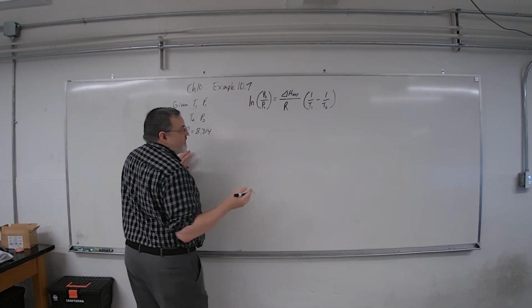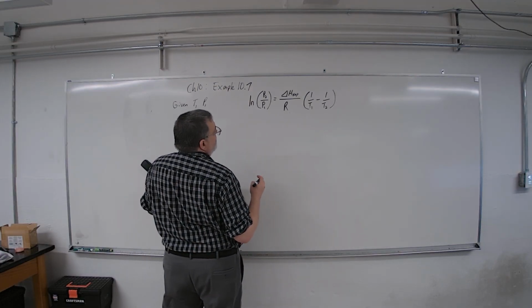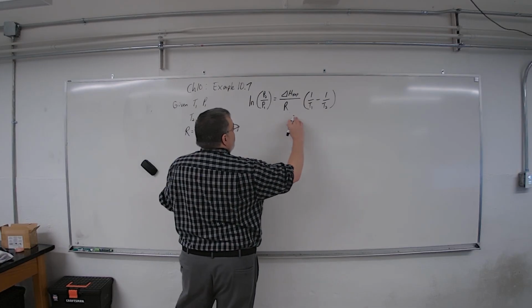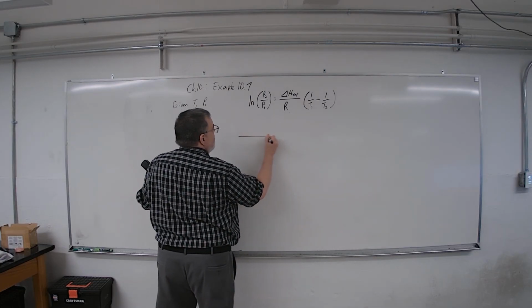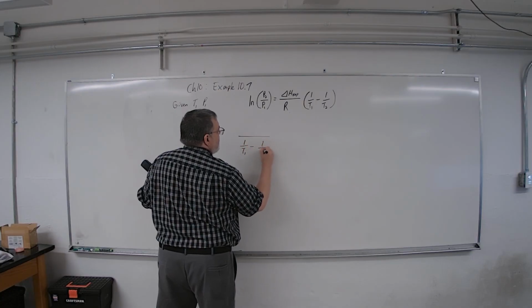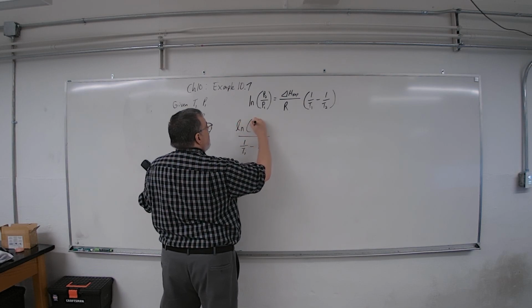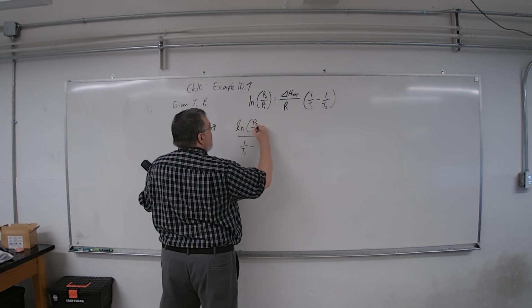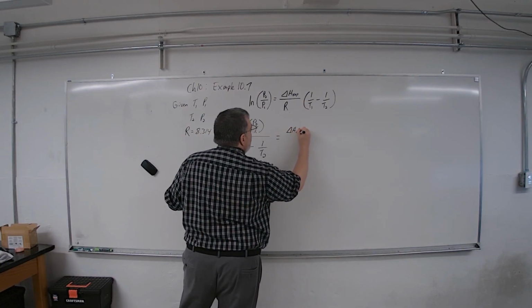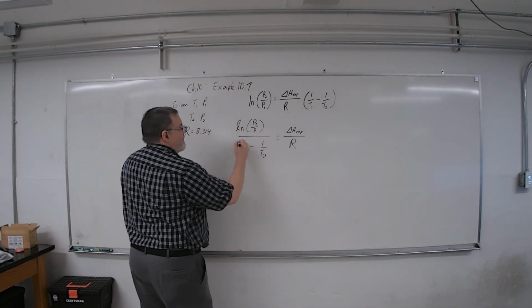But first what we need to do is solve for delta H vaporization. What I would do is divide both sides by 1 over T1 minus 1 over T2. So that's that.